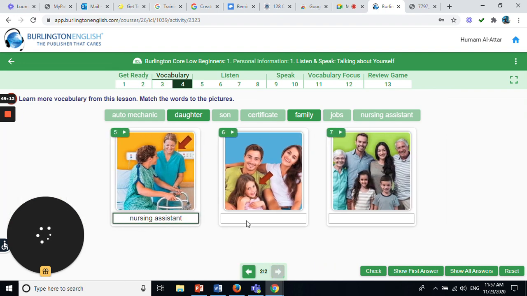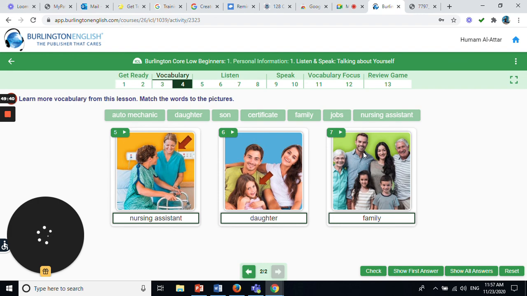Now, what's number 6? What is this little girl here? What do we call her? Daughter or family? Daughter. All right. And the last one here is family. Yes. Family. We have grandparents, we have parents, and we have children.